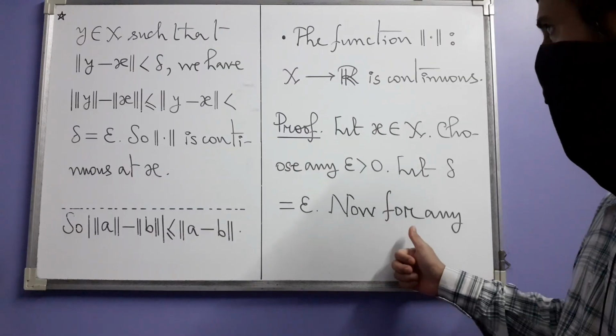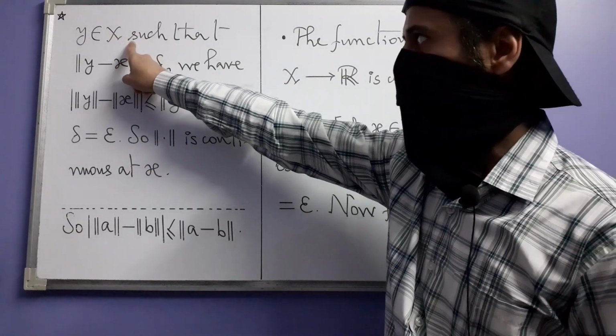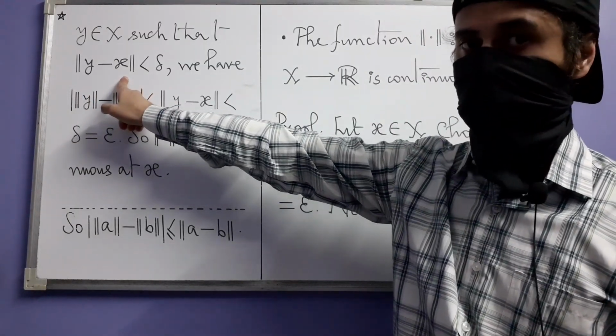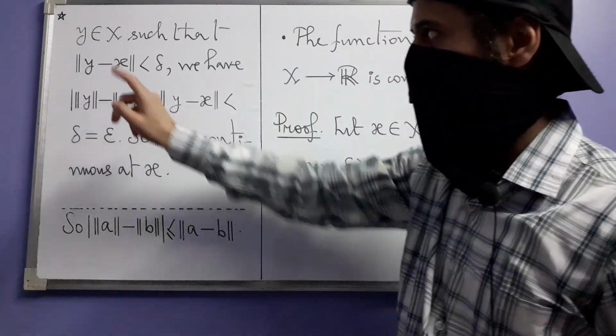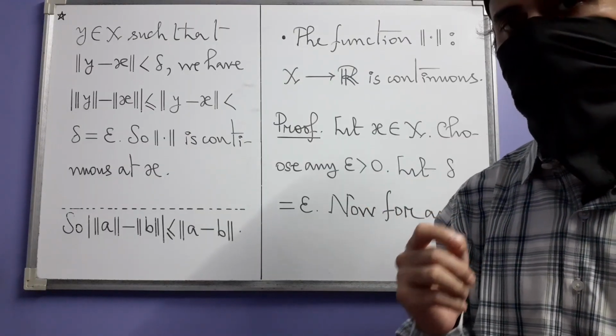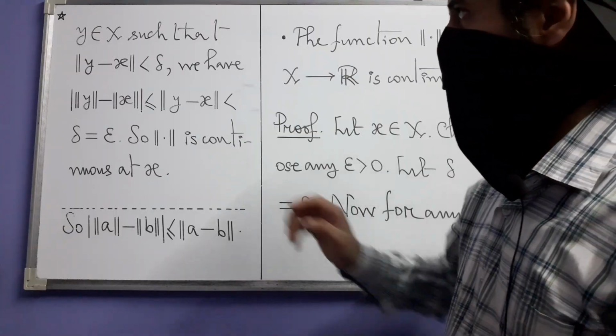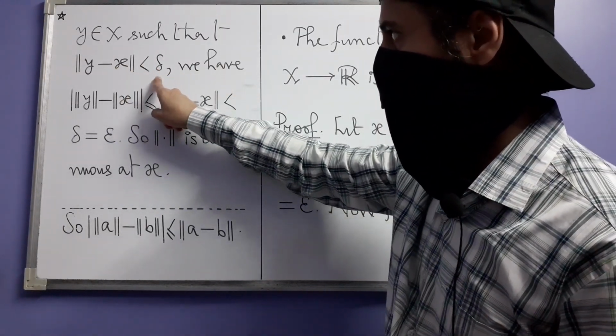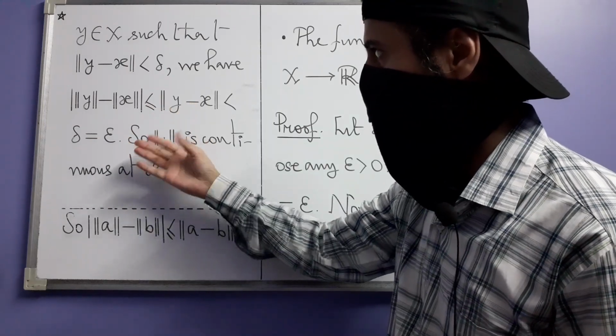Now for any vector y in X such that the norm of y minus x, or we can say the distance between y and x, because it's d of y comma x, and now you know that d is a metric. So for any vector y whose distance from x is less than delta, we have this.